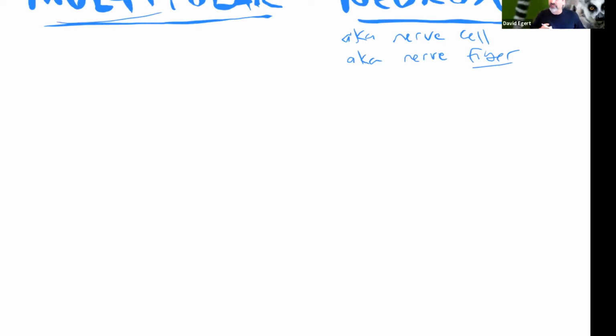Multipolar because they have lots of processes connecting up with the main cell body. Again, if you've been in anatomy, you've learned about unipolar neurons with one main connection and bipolar neurons with two main connections. But the most common kind of neuron, the main neuron that makes up your brain and all that, are these multipolar neurons. So that's what we're going to focus on.